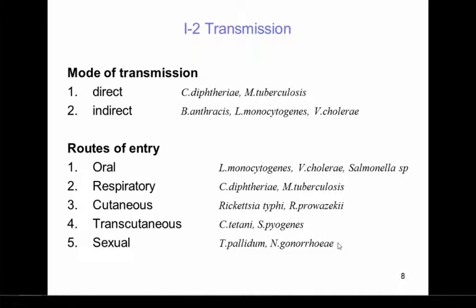So it can be a cause of pelvic inflammatory disease and can cause sterility. Often the male partner did not have a symptomatic infection, didn't know he was infected, and transmitted it to his partner.